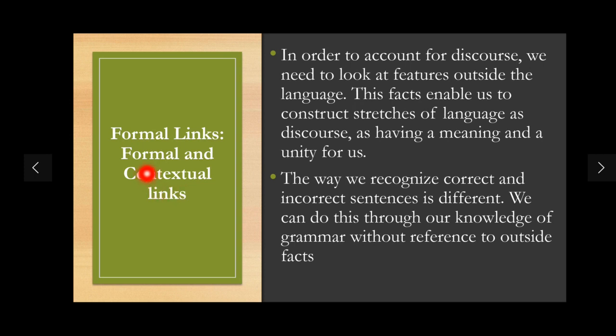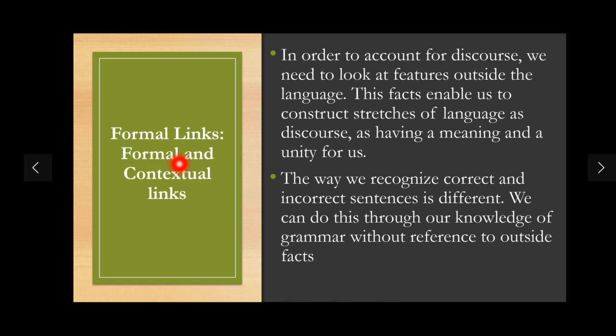So formal links. Within the links, we have formal and we have contextual links. Sometimes when we do discourse analysis, we look for the features inside the language. These features are formally called formal links.